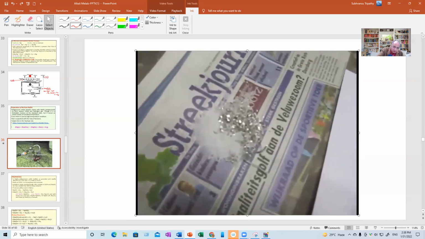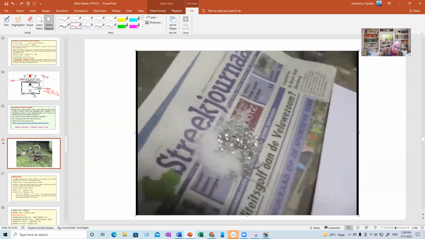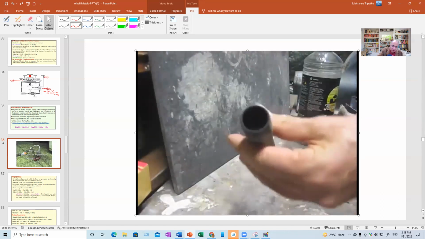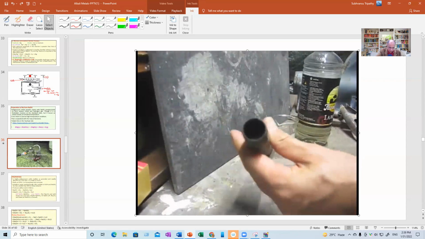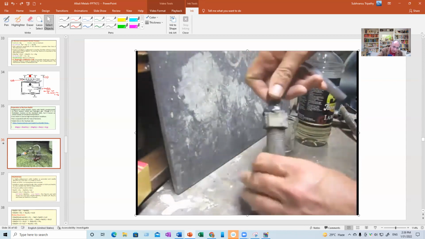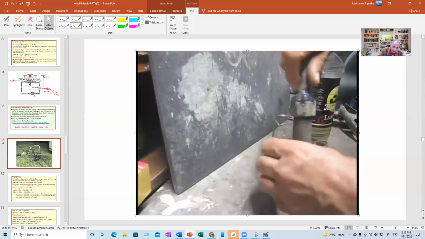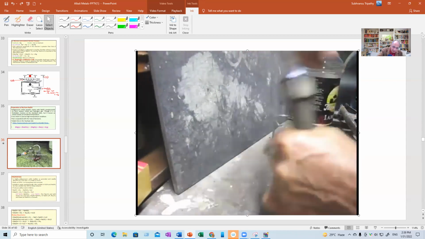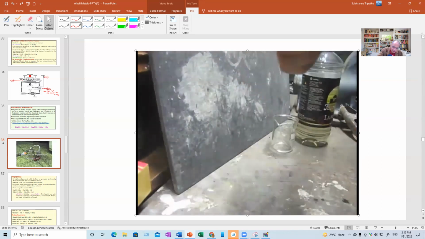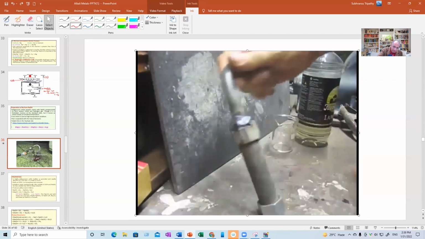This is magnesium with NaOH, and then I'll mix it. Okay, so then I mix it. In the tubes, the mixture, now close it down, and fix it firmly. Okay.